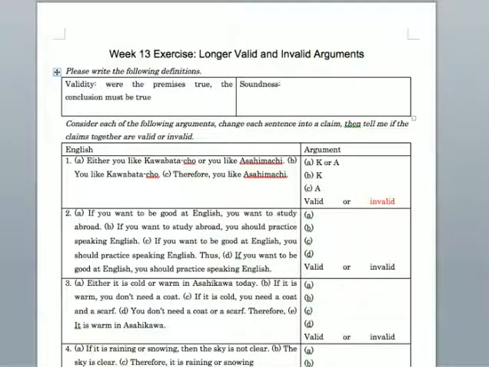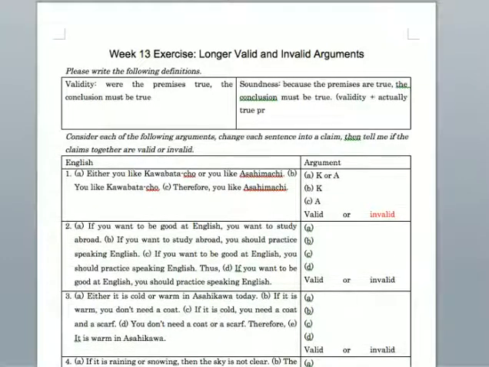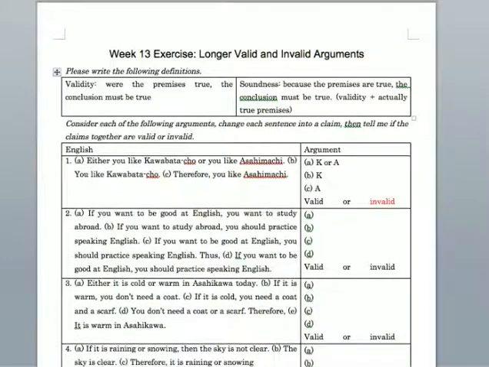And this is similar, but not identical, to soundness, where soundness is because the premises are true, the conclusion must be true. Validity plus actually true premises.